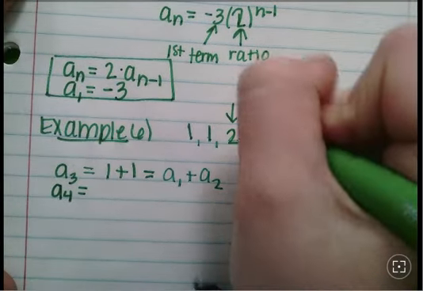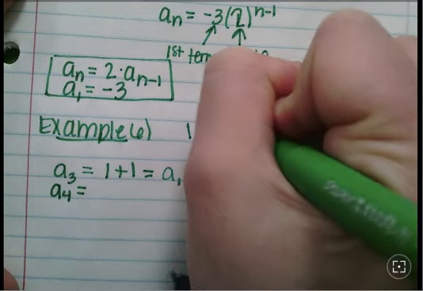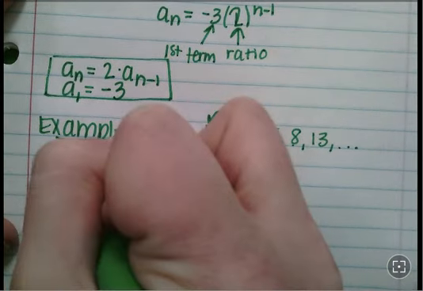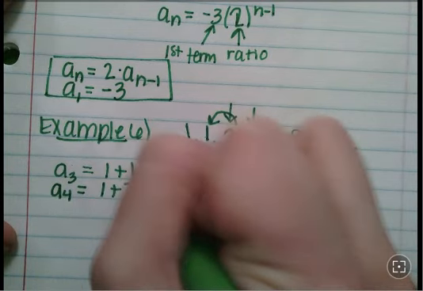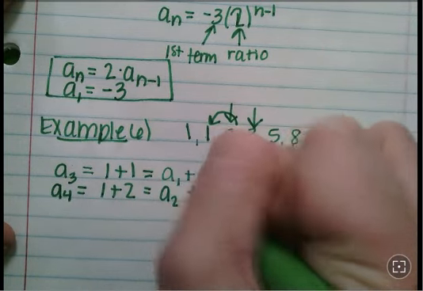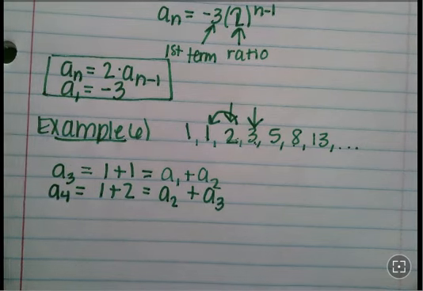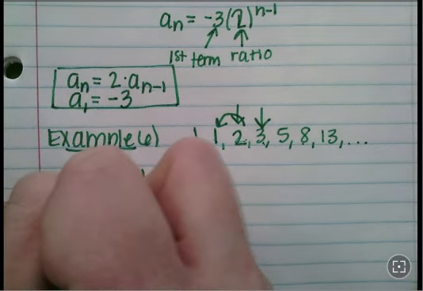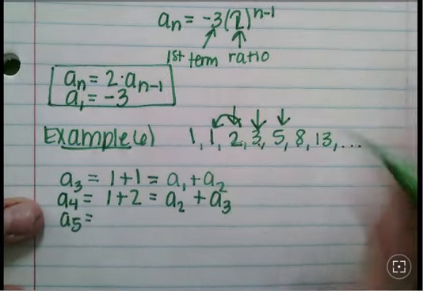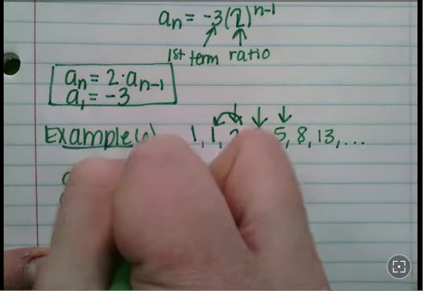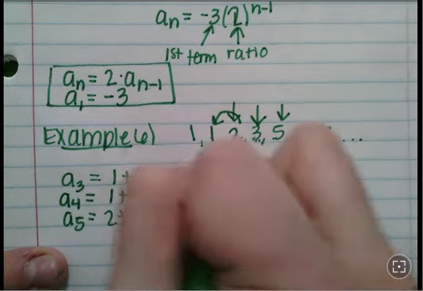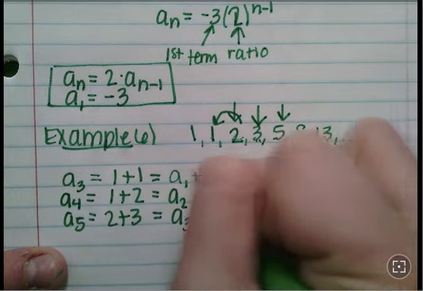The fourth term, which is 3, was taken by adding 2 and 1, so 1 plus 2, which was the second term plus the third term. And the fifth term, which is 5, was taken by adding 2 plus 3, which was the third term plus the fourth term.